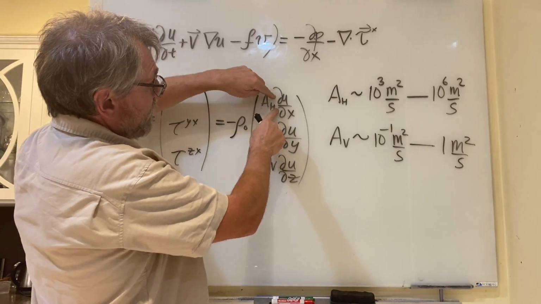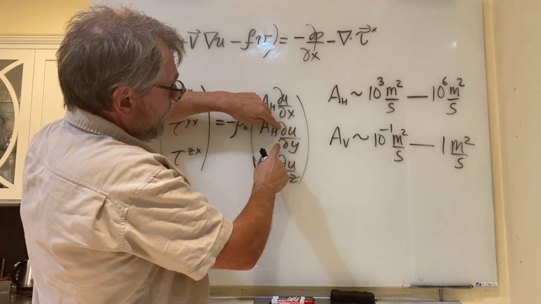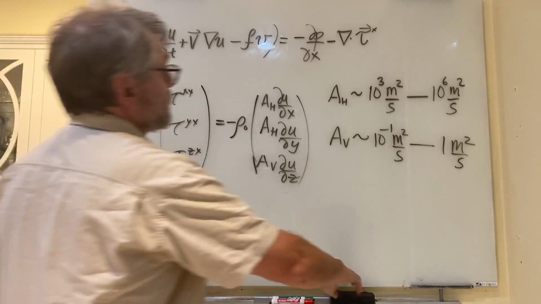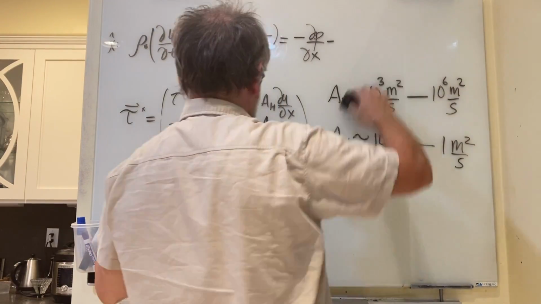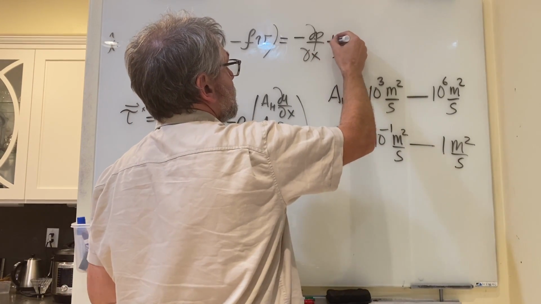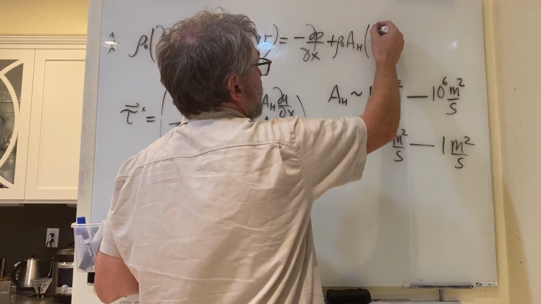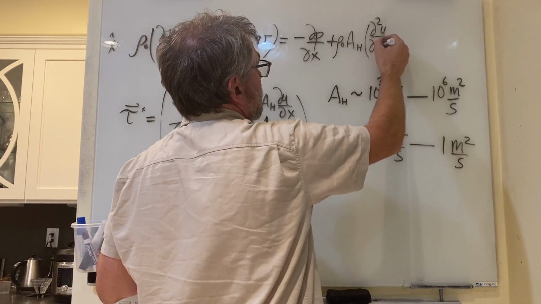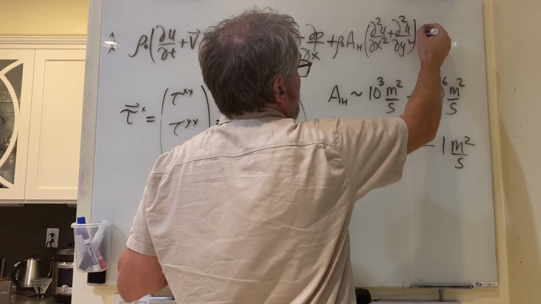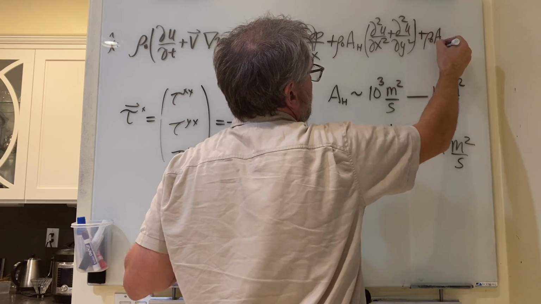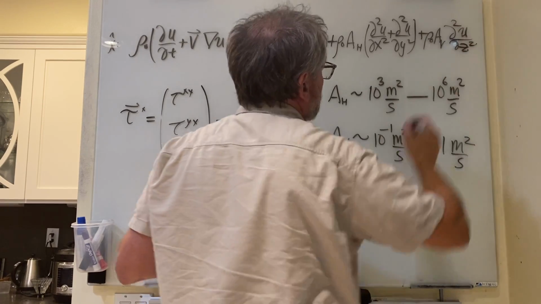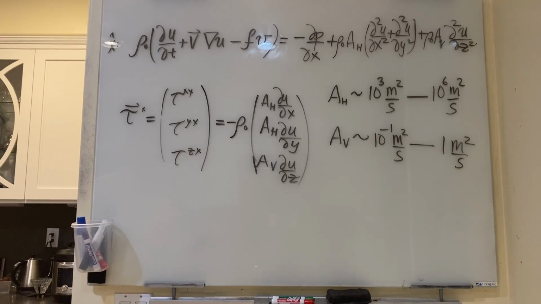What I'll get is the second derivative with respect to x, the second derivative with respect to y, plus the second derivative with respect to z. If I substitute that in here, the minus and the minus becomes a plus. I have rho naught AH times the second derivative of u with respect to x squared plus second derivative of u with respect to y squared, and then plus rho naught AV, the second derivative of u with respect to z squared. All right, so that's my x momentum equation.